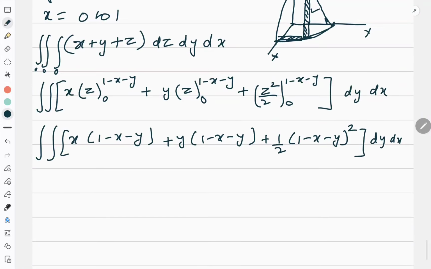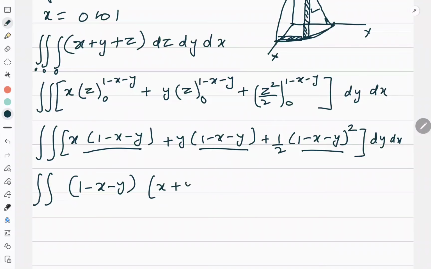Now here let me simplify a little bit instead of opening it. If you observe, I can take 1 minus x minus y common from all the 3 terms. What is left? x plus y, plus 1 by 2 times 1 minus x minus y, dy dx. I am just trying to simplify to make it better.